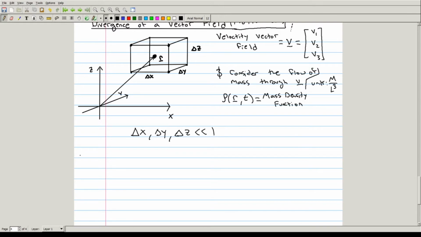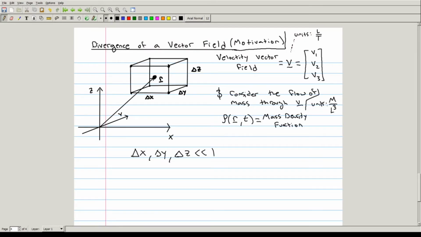So back to our example with the flow of mass through this vector field V, this velocity vector field. What we want to do is first find an approximation to the total mass entering one side of the cube, one specific face. I'll label each one of these points.